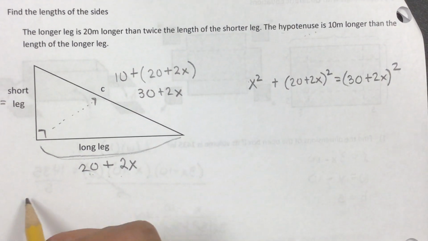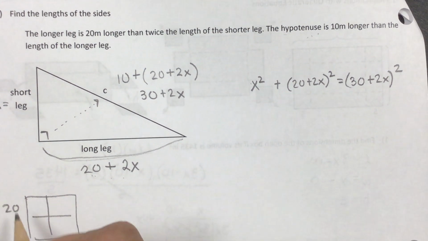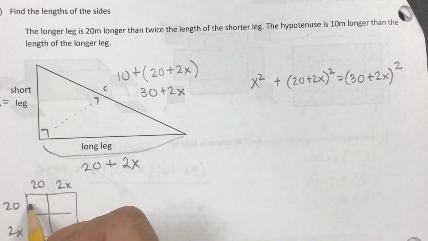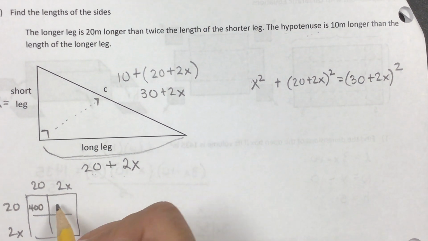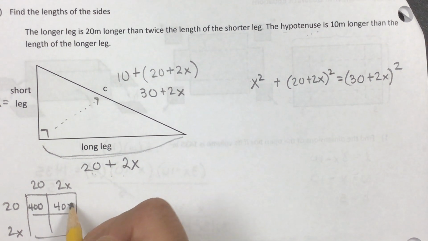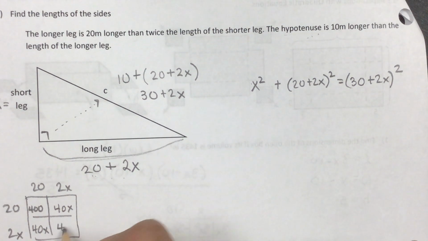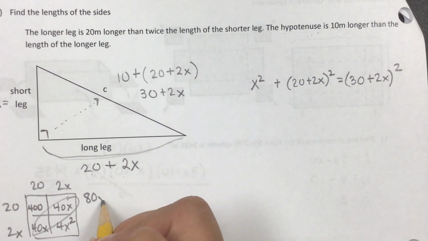I always do the box, so I'm going to do the box for that second term, which says 20 plus 2x times 20 plus 2x. That gives me 400, 40x, and then 4x squared. Add those two together, I got 80x.